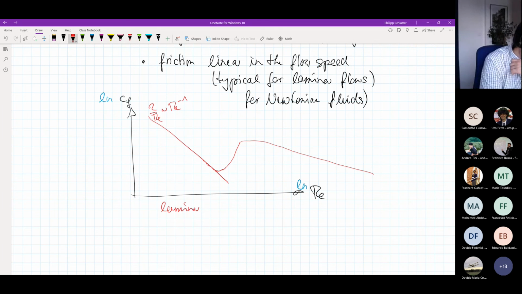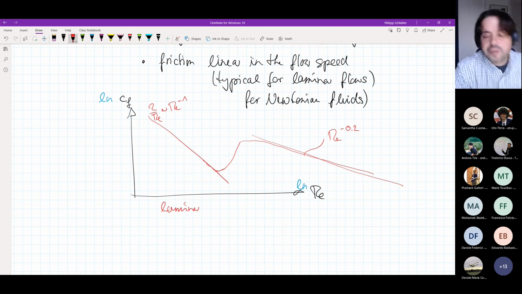So I will get to another straight line. And the slope of this straight line is typically a little bit lower than what I had for the laminar flow, typically on the order of 1 divided by 5, so minus 0.2, something like that.